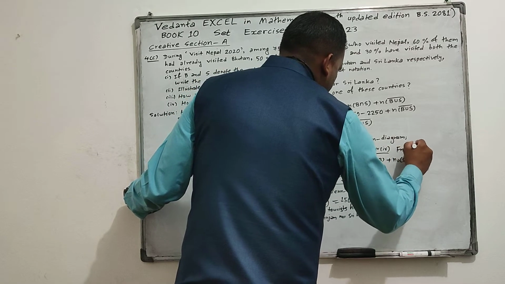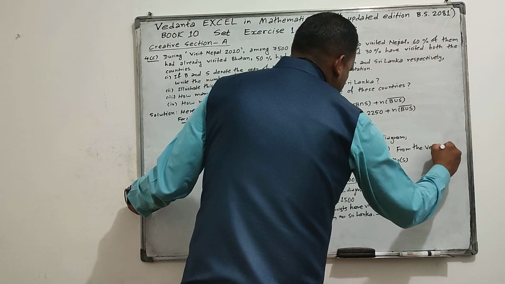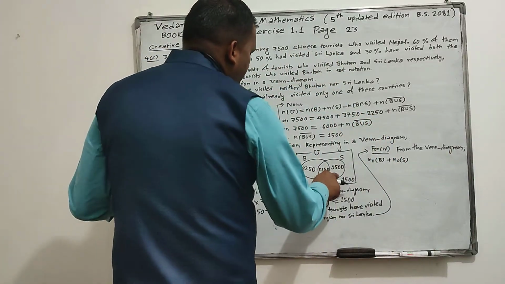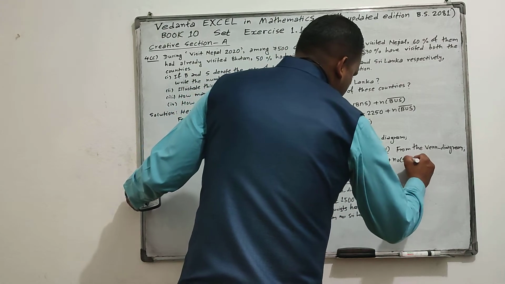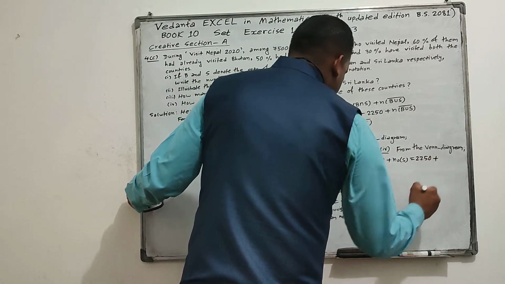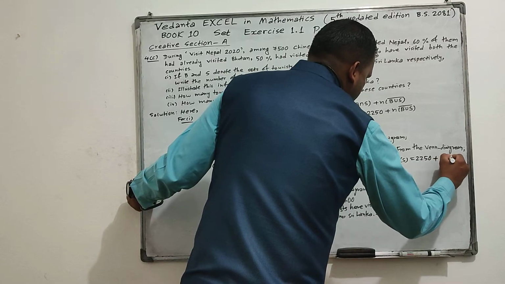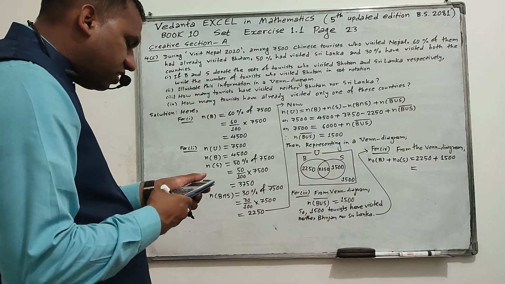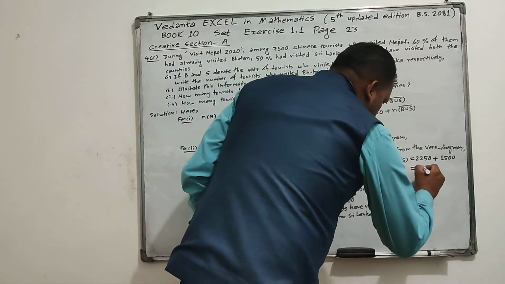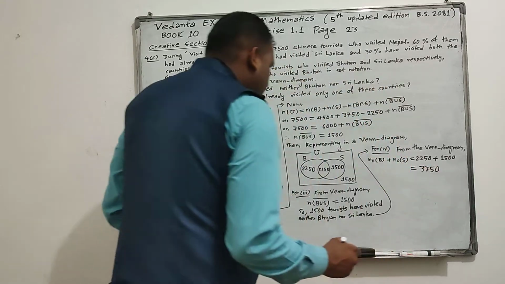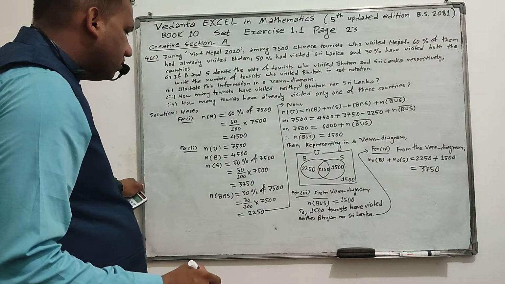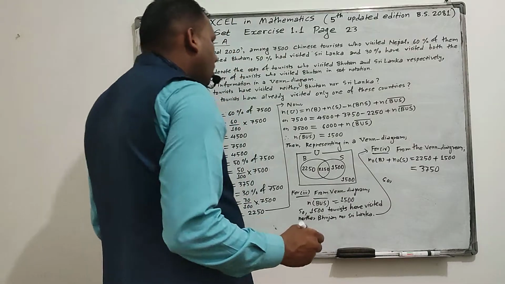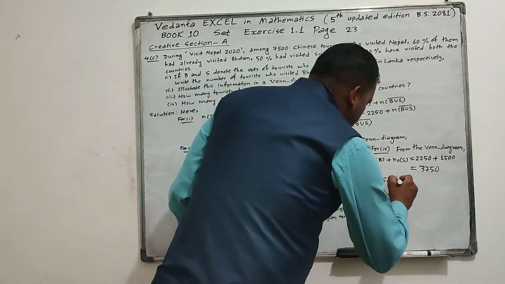From the Venn diagram, who visited only one, that is n(B only) and n(S only), their sum. n(B only) is 2,250 plus n(S only) is 1,500 from the Venn diagram. Now adding together, 3,750.